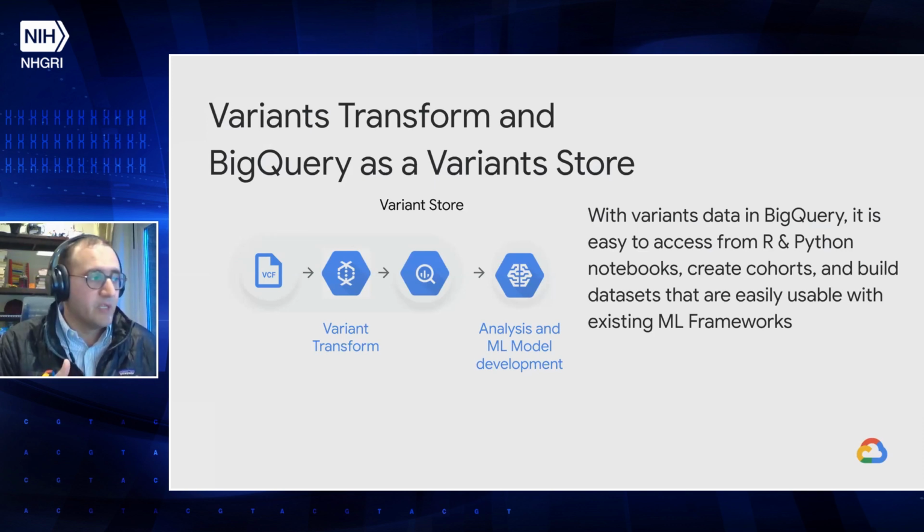and others. So with Variant Transform, you can take this variant data and quickly transform it and put it in BigQuery. You can then use SQL, and there is lots of easy integration with existing machine learning frameworks, such as TensorFlow and others. In addition, there are already lots of public data sets on BigQuery, like the 1000 Genomes, the TCGA public access portion is there, and others.